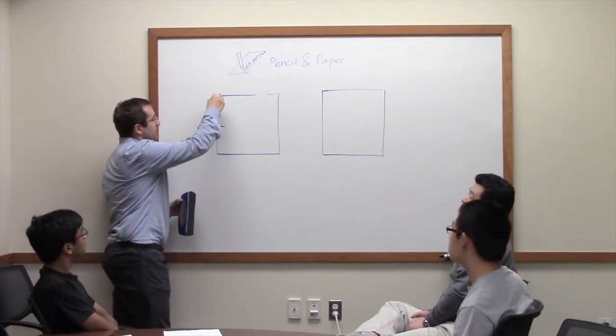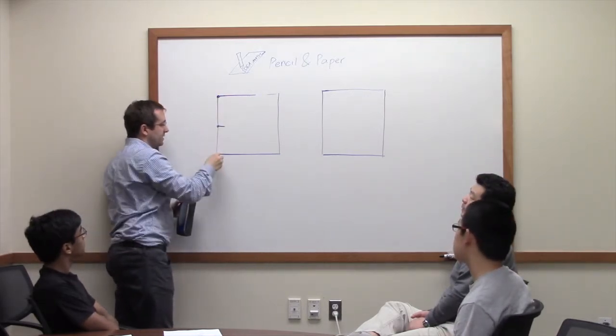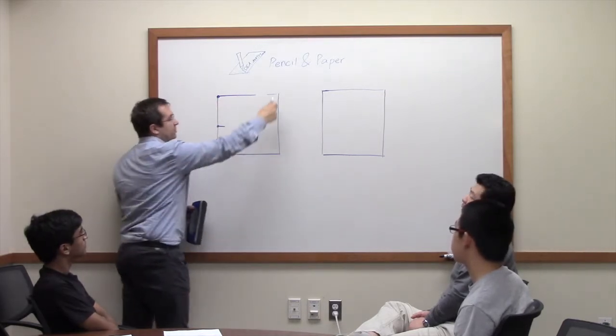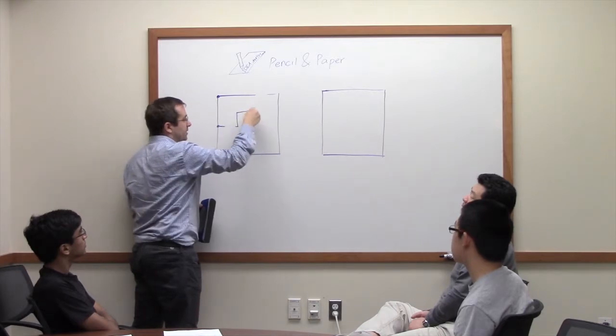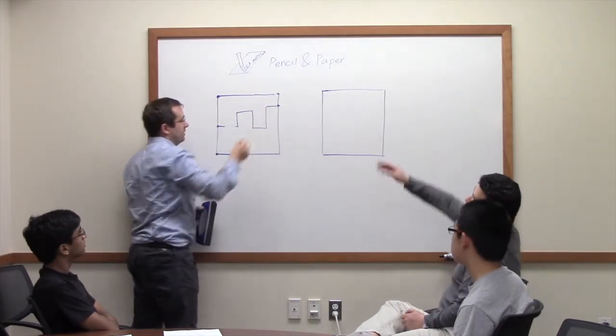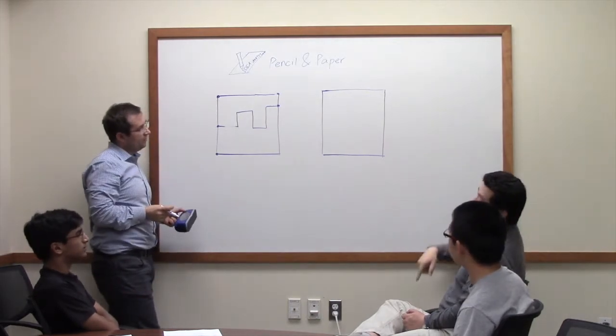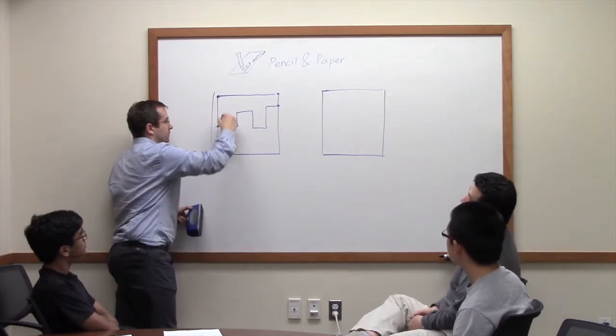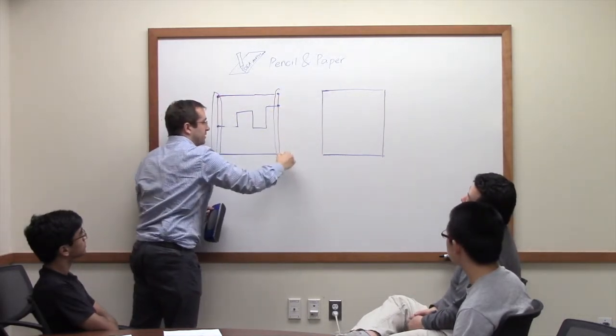Yes, so we can say one of our points lies on this segment, including the corners and endpoints, and the other lies somewhere there. Because like you said, it could be diagonal. So the first point is here, the second point is somewhere here.